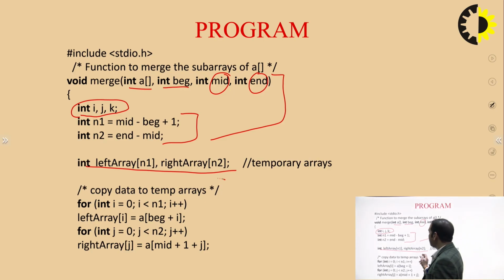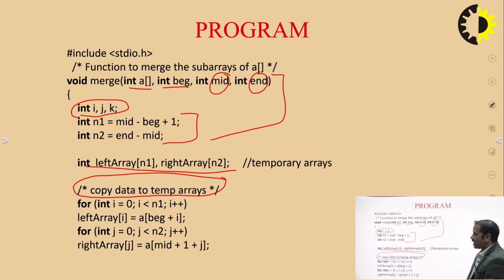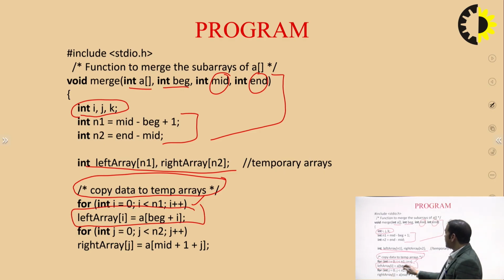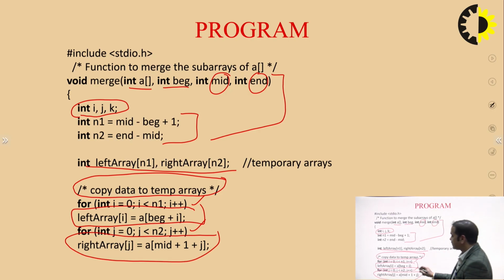Here we copy the data into the temporary arrays, and we execute a loop for i equal to 0, i less than n1 and i plus plus. Here the left array contains a[beginning plus i], and the next loop executes on the value of j, and it fills the right array, and the indexing for this array is a[mid plus 1 plus j].